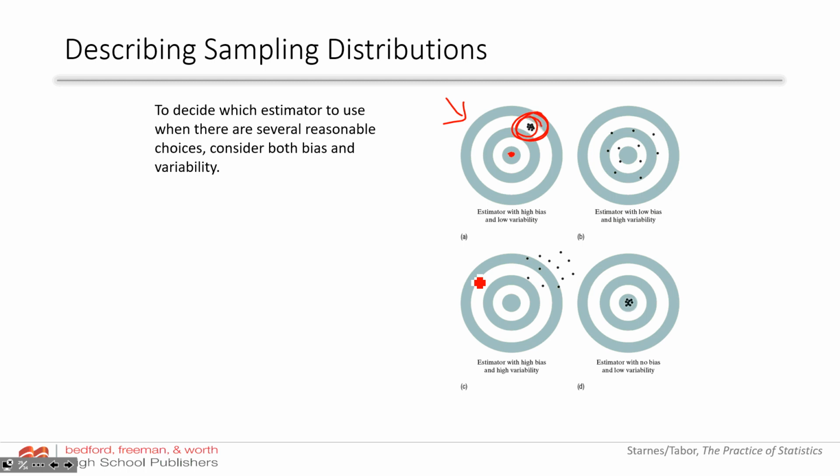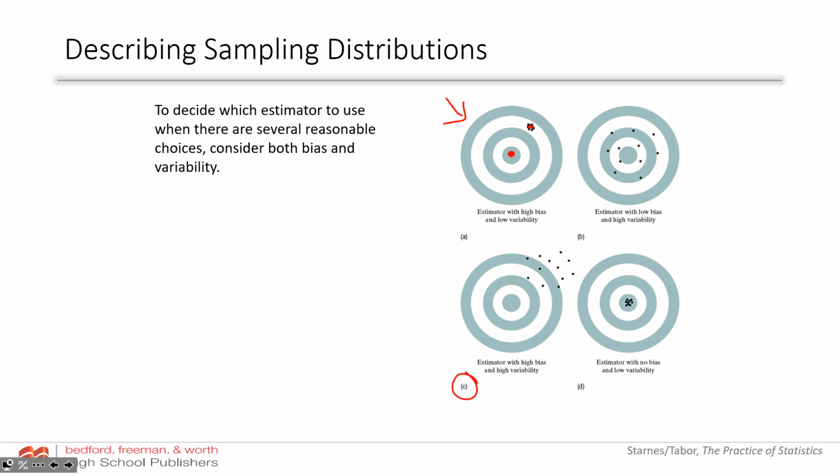So in other words, I have low variability, they're really close together, but I have high bias. The center of all these samples is right there. So that center is not close to the actual population value, which is the middle of the target.